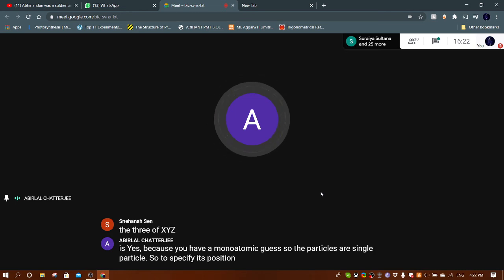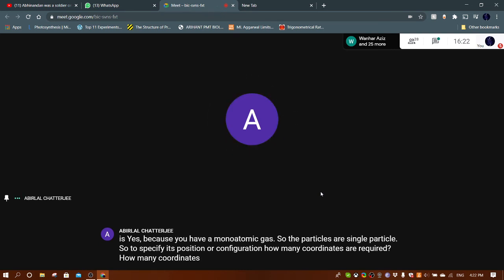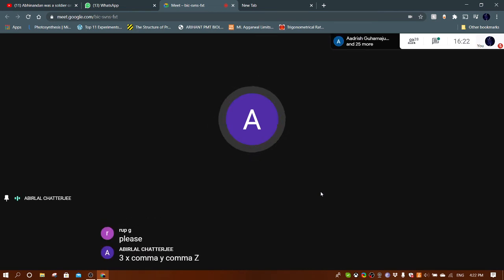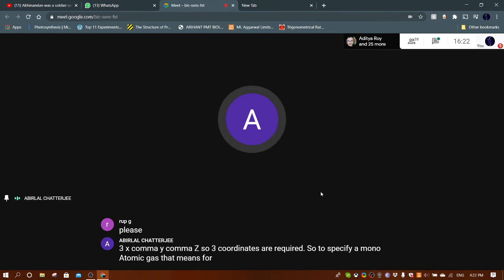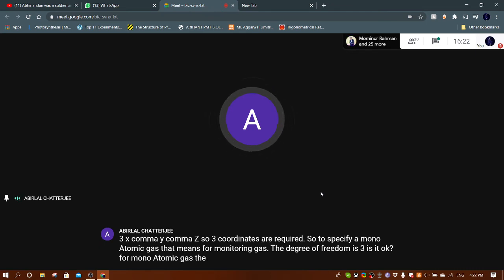So to specify its position or configuration, how many coordinates are required for a single particle? 3, sir. 3: x comma y comma z. So 3 coordinates are required. So for monoatomic gas, the degree of freedom is 3. Is it okay?